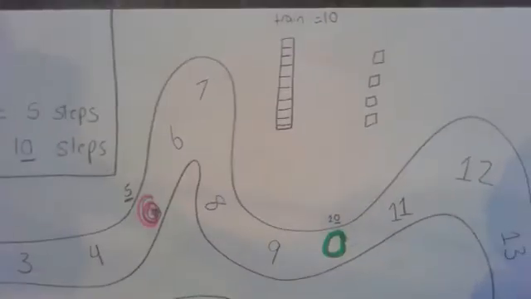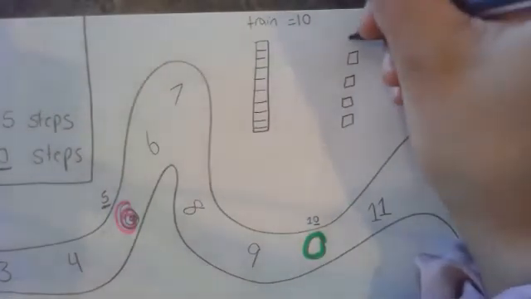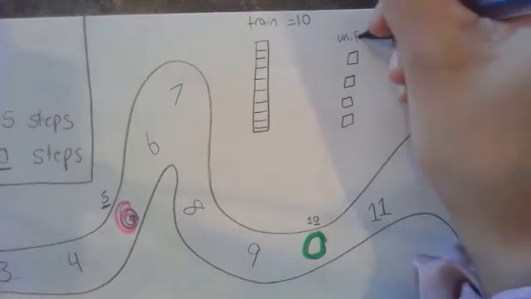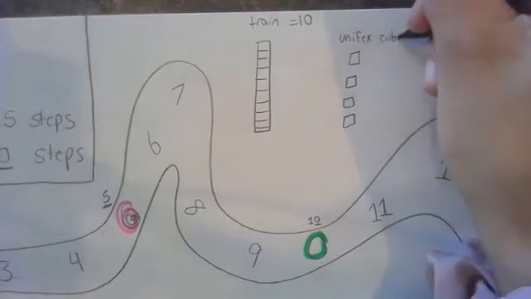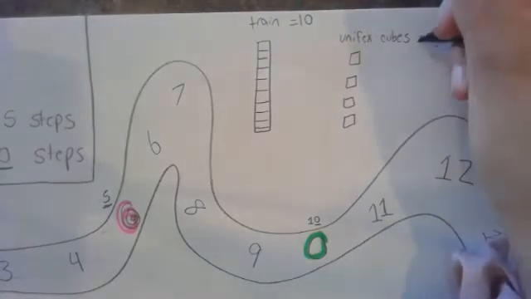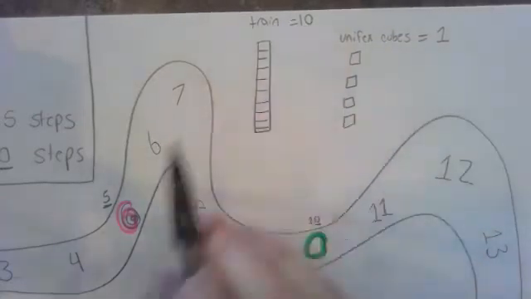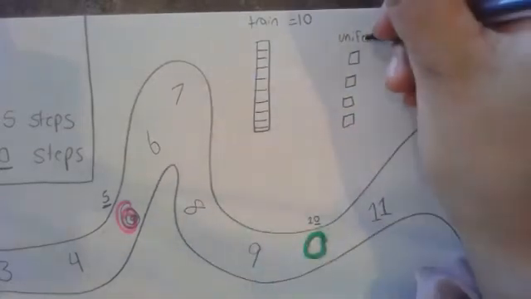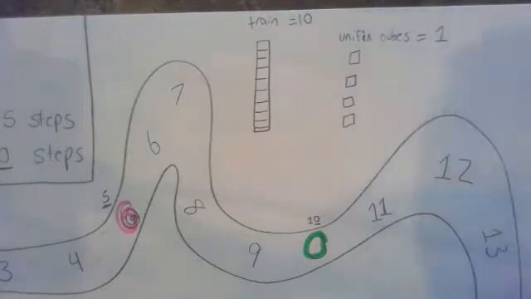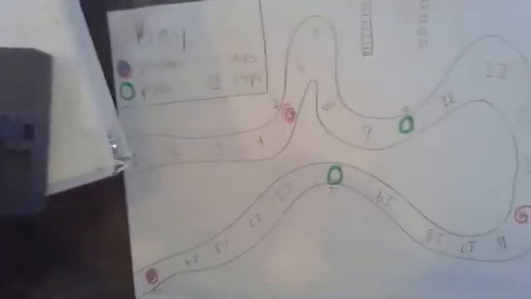Individual Unifix cubes equal just ones. So we have the train equals 10 Unifix cubes, and a single Unifix cube equals 1.